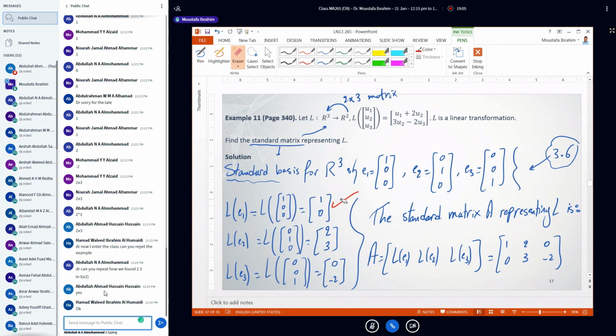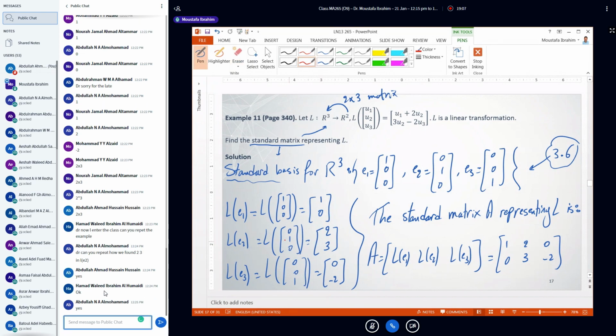This is input output as we did before on Tuesday. Now, LE2, L(0, 1, 0). So we take first plus 2 multiply second. First, 0 plus 2 multiply 1, 0 plus 2, 2. Clear? Now, here you take 3 multiply second minus 2 multiply last one. So 3 multiply 1, it's 3.